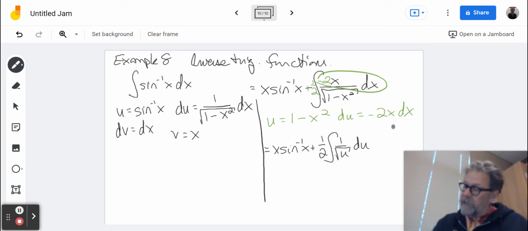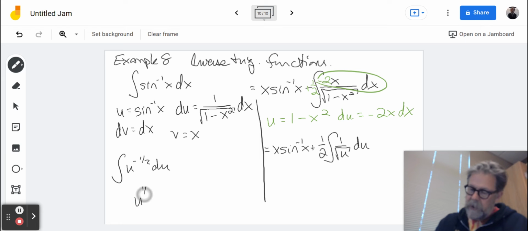This is the integral of u to the negative 1/2 du. This is going to become u to the plus 1/2, which means we have to multiply it by 2 in order to make that work.